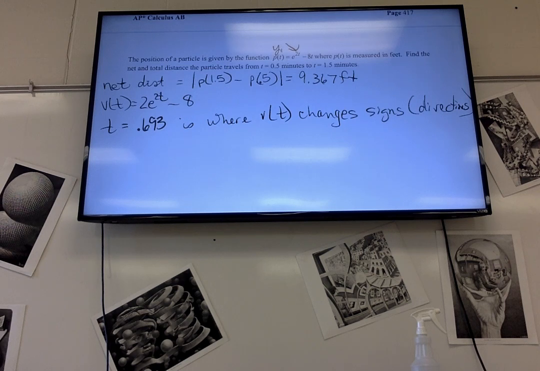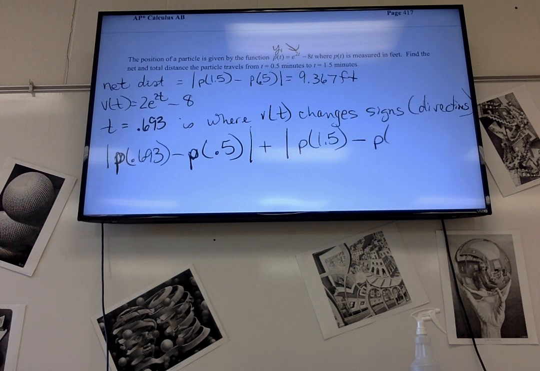So it is the absolute value of P of 0.693 minus P of 0.5, plus the absolute value of P of 1.5 minus P of 0.693. I said V, but it should be P.